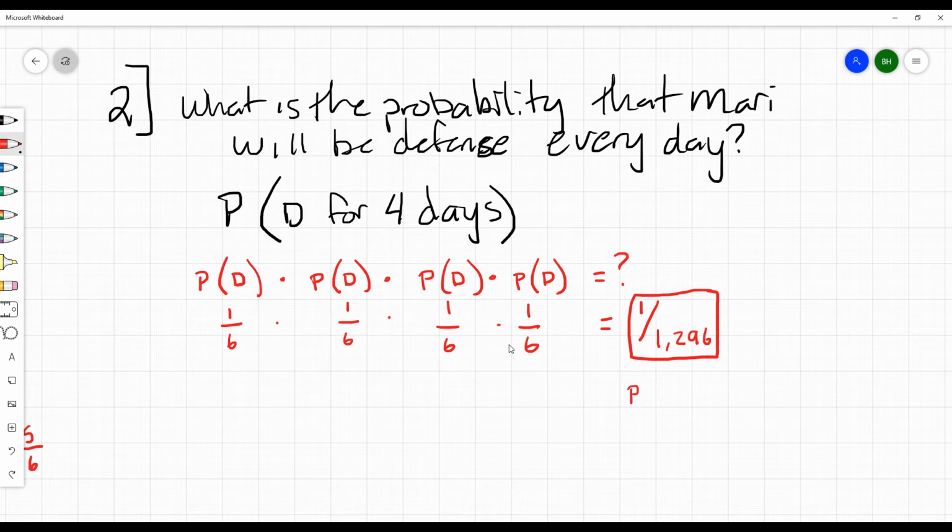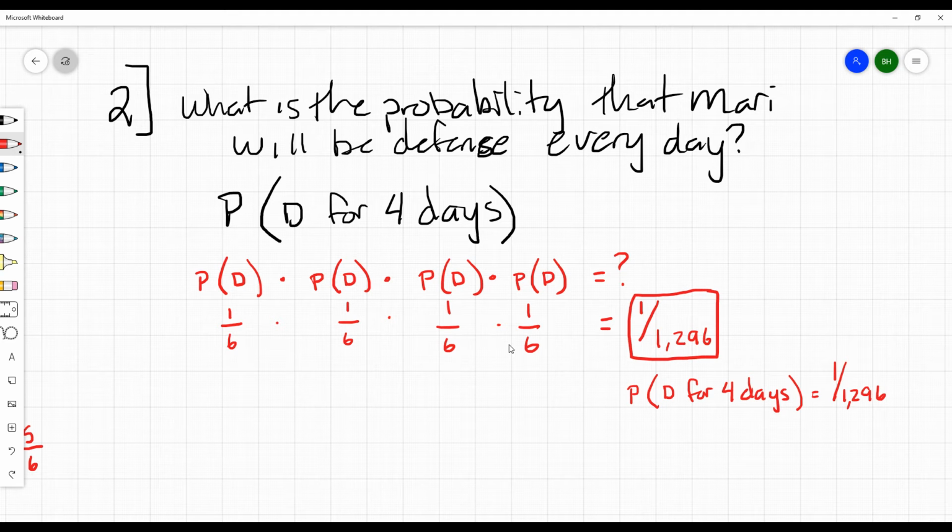So the probability of Mari getting the defense for 4 days is going to equal 1 out of this amount, 1,296. Now you may be saying to yourself, Hernandez, that seems a little excessive, don't you think?